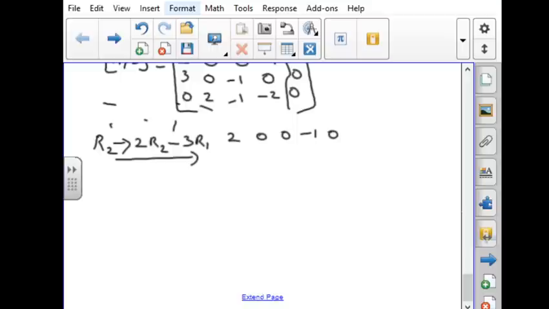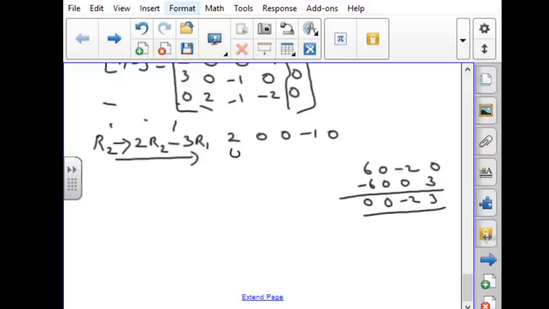Then 2R2 is 6, 0, minus 2, 0, and minus 3R1 is minus 6, 0, 0, 3. So we get 0, 0, minus 2, 3, 0 and 0, 2, minus 1, minus 2, 0.